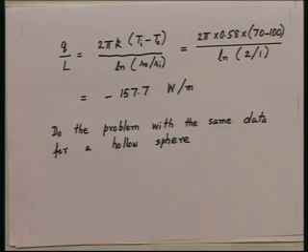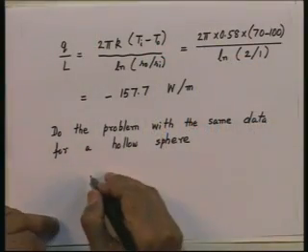Repeat this problem. That means, assume you have got a hollow sphere, inner diameter 2 centimeters, outer diameter 4 centimeters, inner face maintained at a temperature of 70 degrees centigrade, outer face at a temperature of 100 degrees centigrade, k equal to 0.58, find Q.